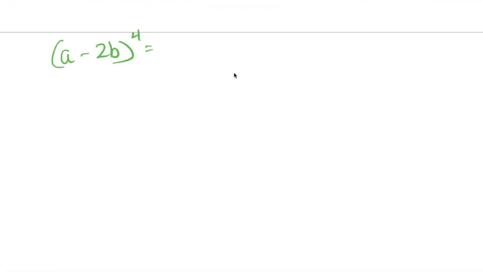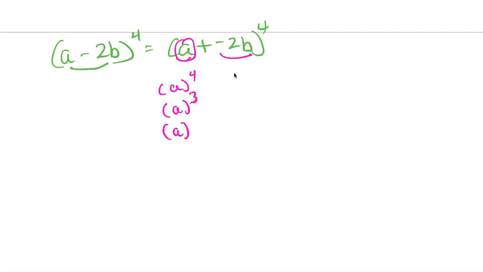So first of all, let's do binomial expansion using the binomial theorem. You want to always have this as plus. So you need to know what is in your first spot and your second spot. All right, so let's write this down. So this is my first spot, a to the 4th, a to the 3rd, a to the 2nd, a to the 1st, all the way down.